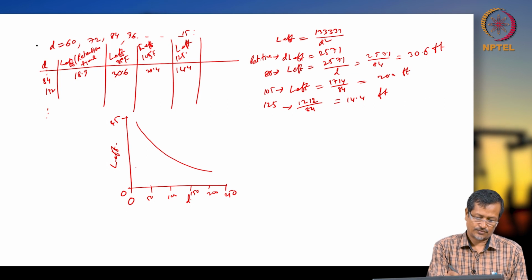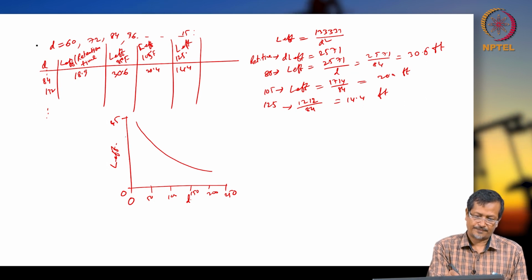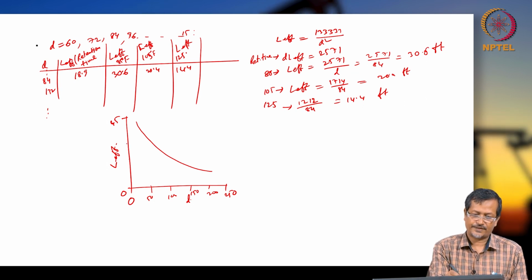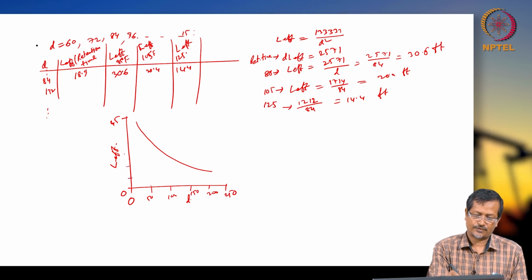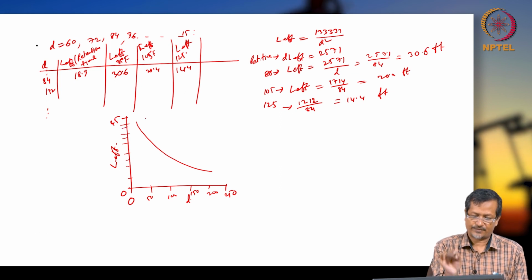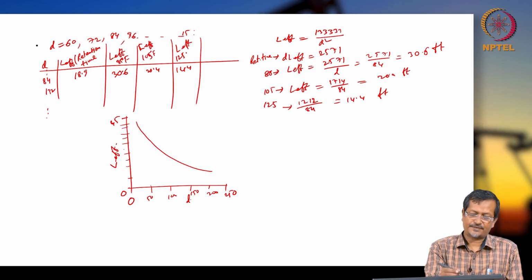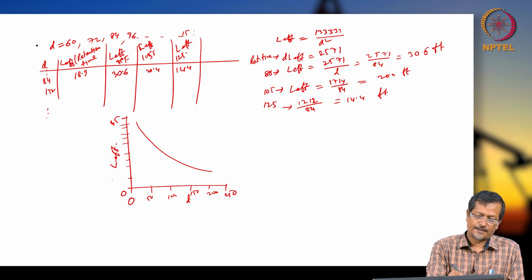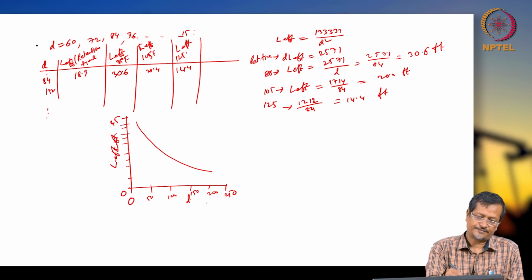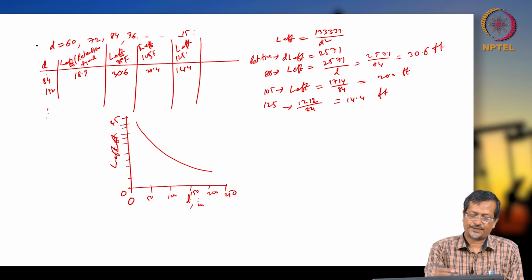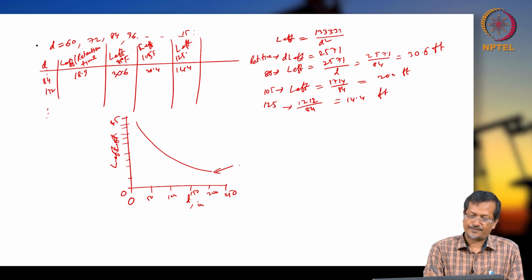So 0 to 45 means 5 into 9, 5 into 9, right? So 1, 2, 3, 4, 5, 6, 7, 8, 9, okay. So total 9, just approximately I am drawing. This is a linear scale. So LEFF in feet, D in inch, okay, and this is retention time calculation.